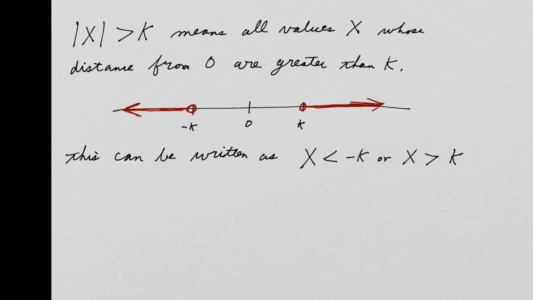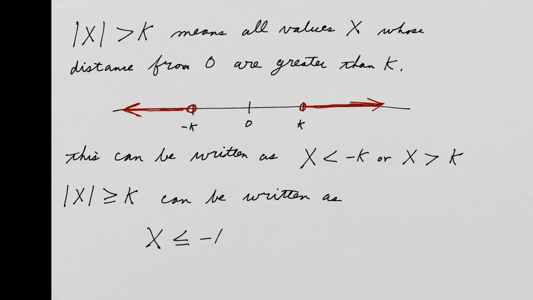And then if I include the endpoint, it's almost the same thing. If I have absolute value of x is greater than or equal to k, it can be written as x is less than or equal to negative k, or x is greater than or equal to k.